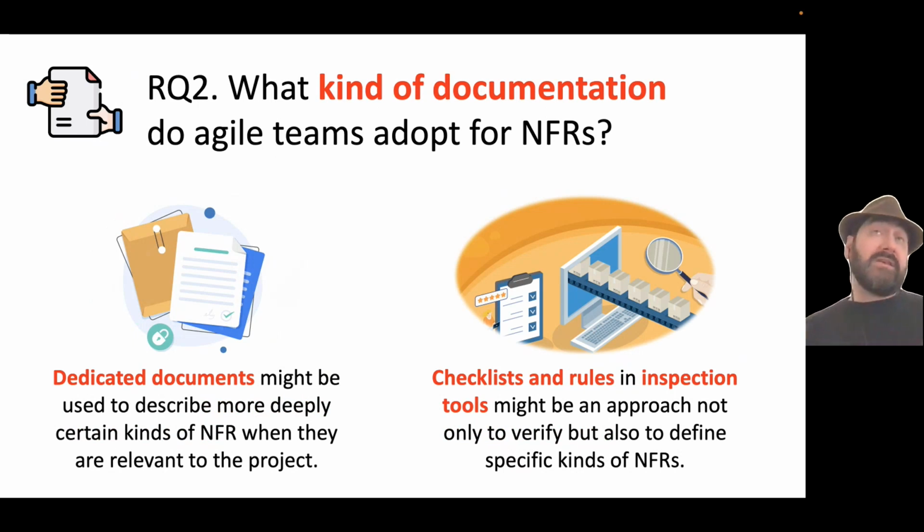Also, when a non-functional requirement is important, some have dedicated documents, and they also mention some automated inspection tools, not only for verification but also as a way to formally define these requirements, right? So as an approach to say, okay, I don't need to write this if it's in my tool, right?